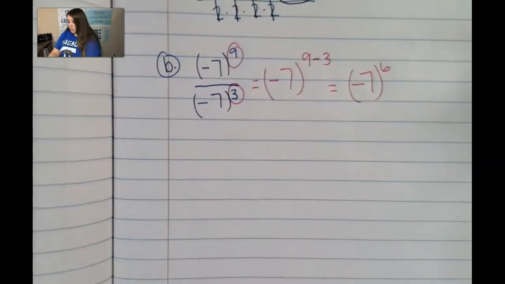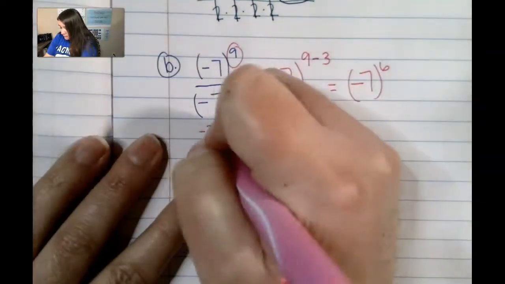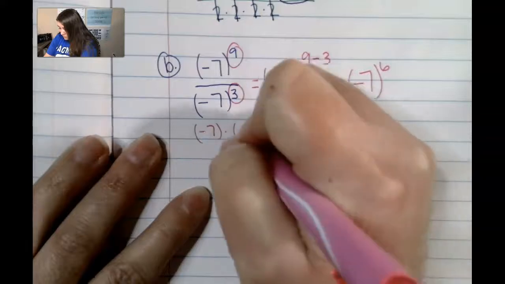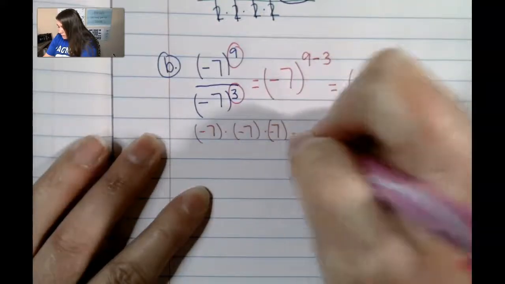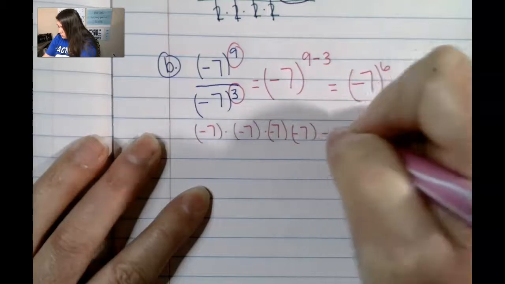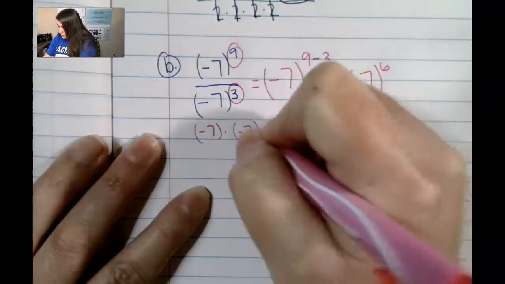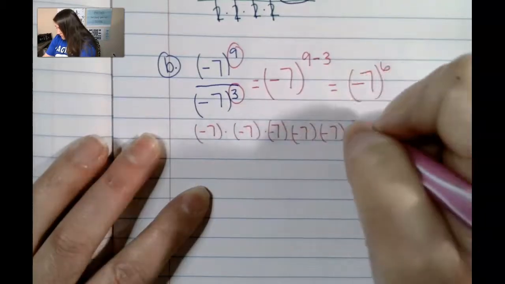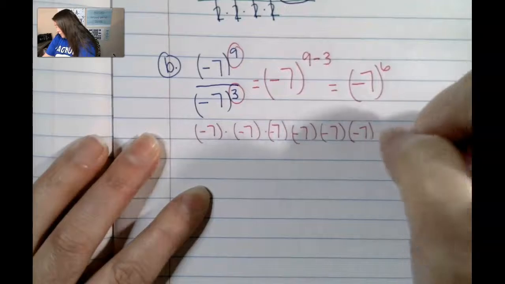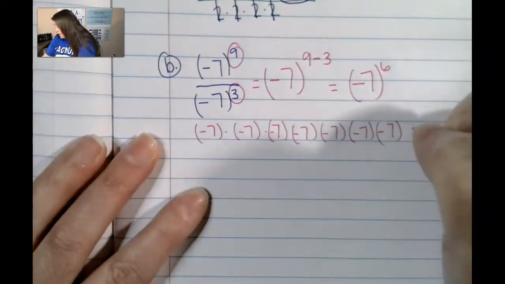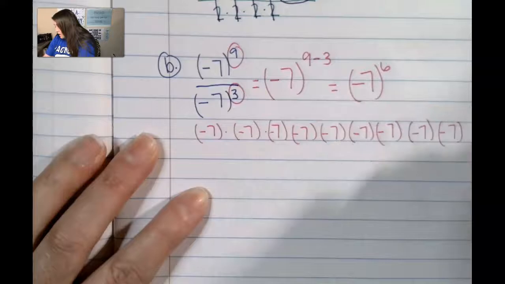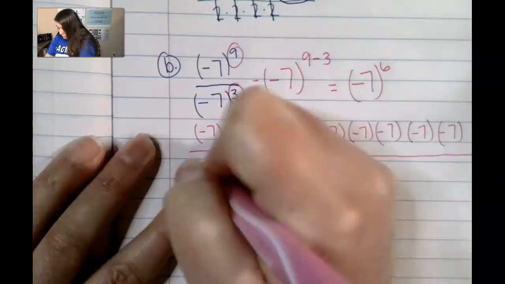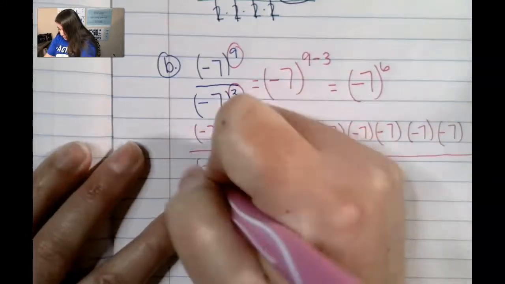Again, we can look at this as negative 7 times negative 7 times negative 7, 1, 2, 3, 4, 5, 6, 7, 8, and 9, over negative 7 to the 3rd.